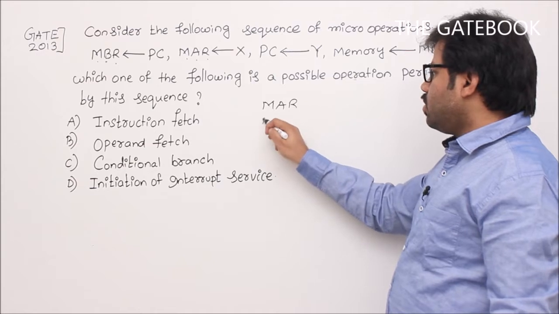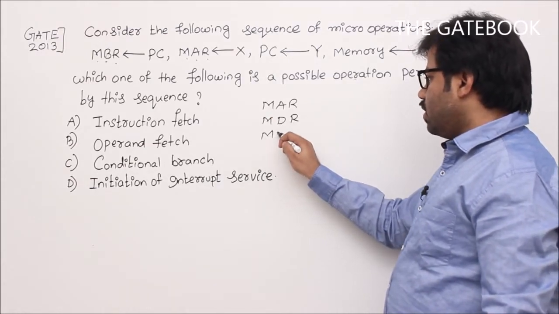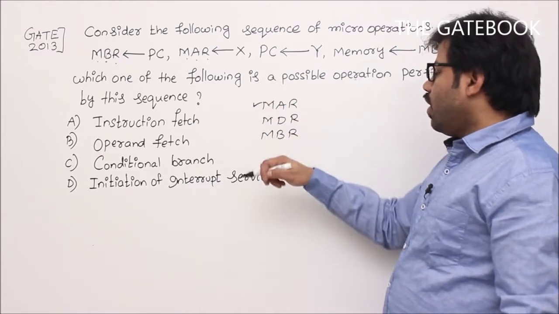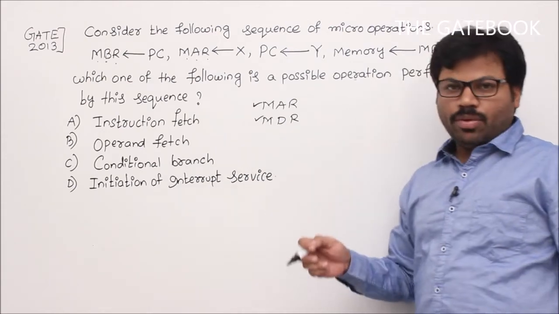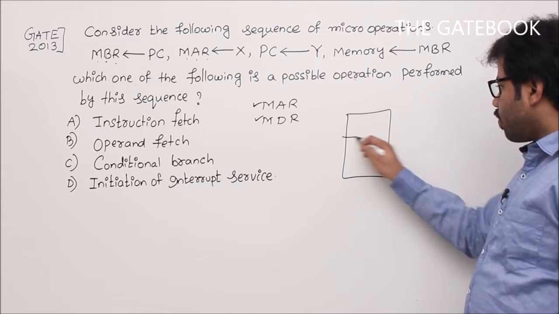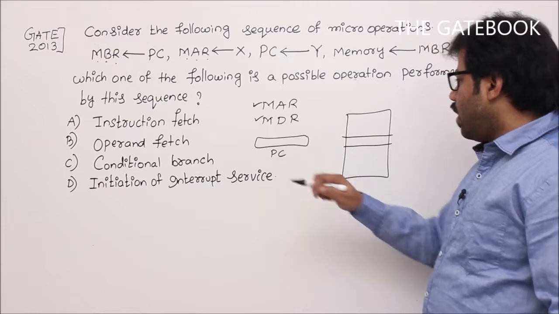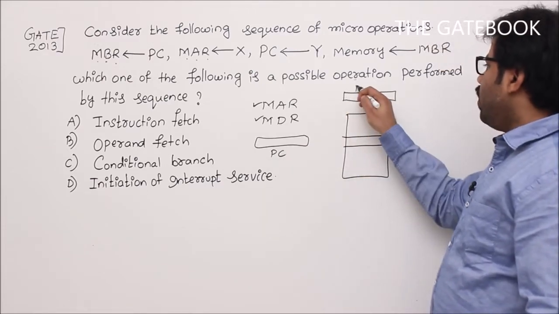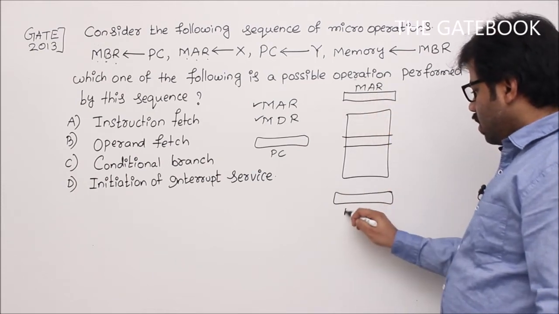Sometimes people use memory data register and memory buffer register. I'll explain what memory address register and memory data register are. Even memory buffer register is not required for this problem. Generally, you have, let's say, this main memory. This is your program counter, and your memory is designed such that there will be a memory address register and a memory data register.